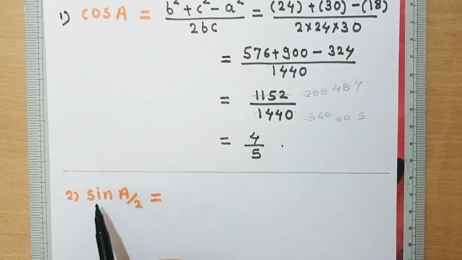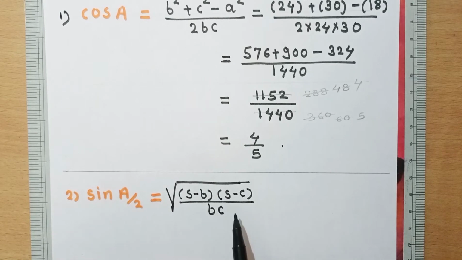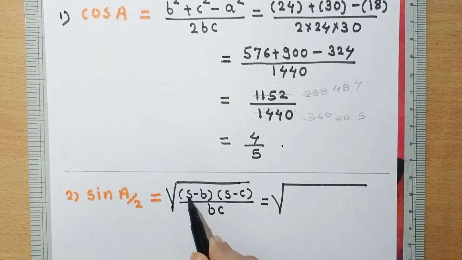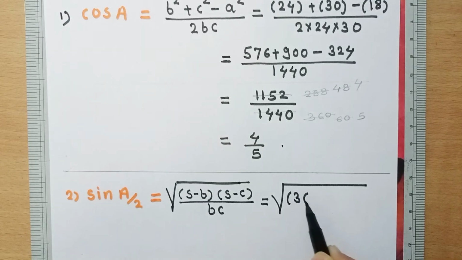Let's solve the second, sin A by 2, and this is the formula. Now substitute values here. Half perimeter s is 36, b is 24.